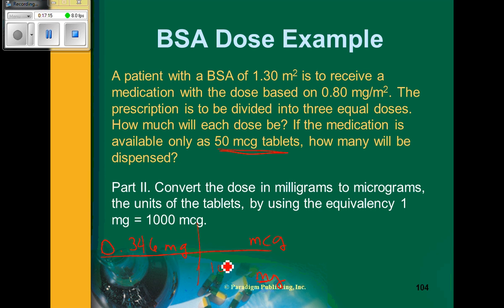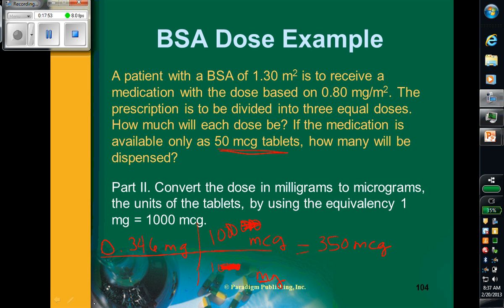Remember, milli means 1,000, micro means 1,000,000. So if you want to simplify that, take 3 off here, 3 off here, and then you should have 0.346 times 1,000 equals 350 micrograms. So now what we've done is we've taken the 0.346 and converted it over to micrograms.